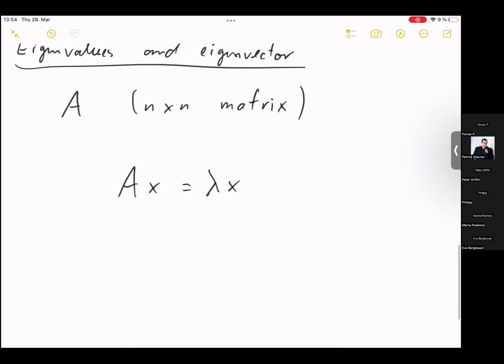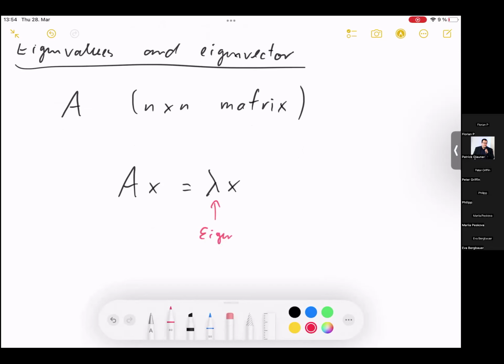And what we say is that our lambda is an eigenvalue, and x is the corresponding eigenvector. So we have for each eigenvalue a corresponding eigenvector, and vice versa.